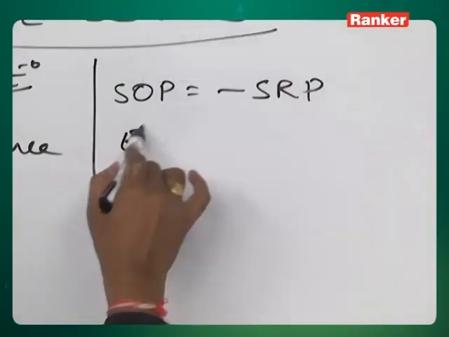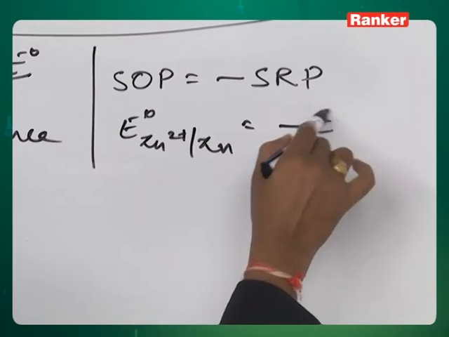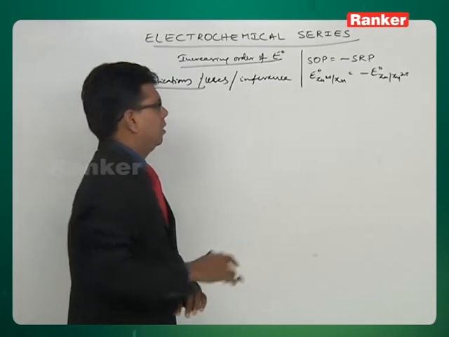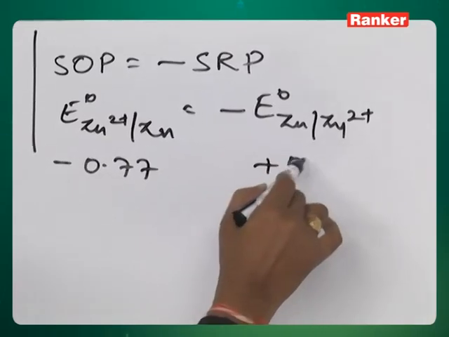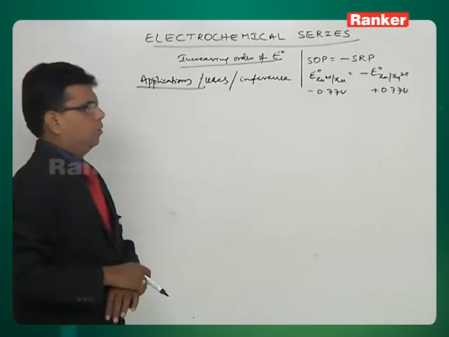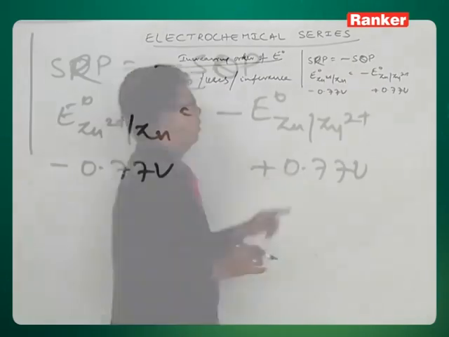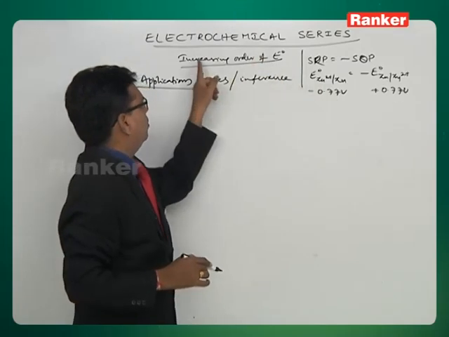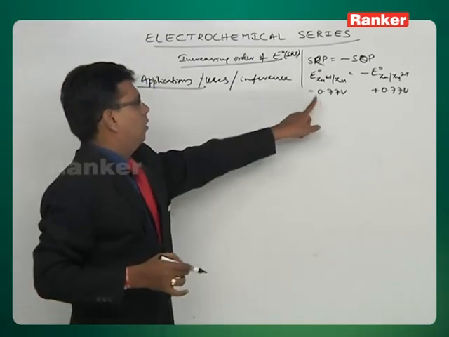E naught Zn2 plus to Zn is equal to minus of E naught Zn to Zn2 plus. This value is minus 0.77, this value is plus 0.77 volts. What we are talking about is always increasing order of E naught, meaning SRP.